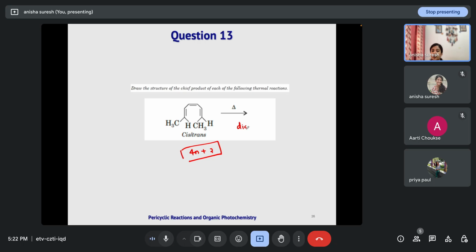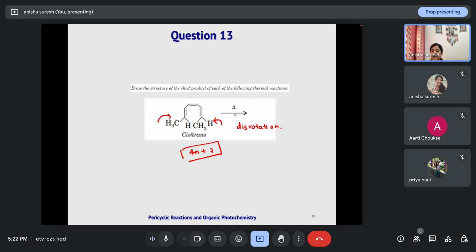It will undergo disrotation. So under this rotation, the closing will be taking place in this fashion. When it is moving in clockwise fashion, the CH3 will be coming above the plane, and when it is moving in anti-clockwise fashion, this hydrogen will be coming above the plane.